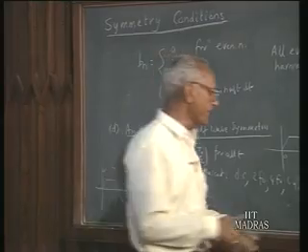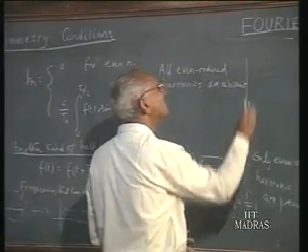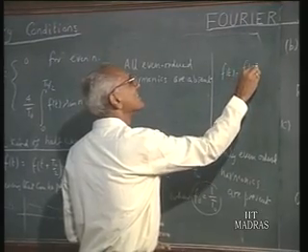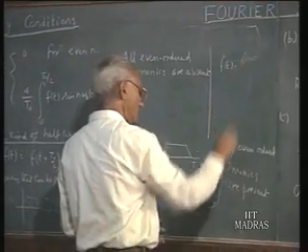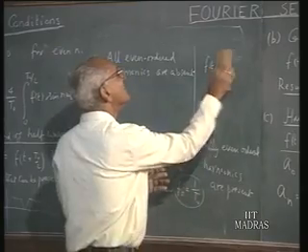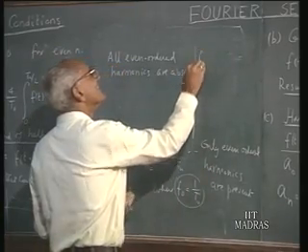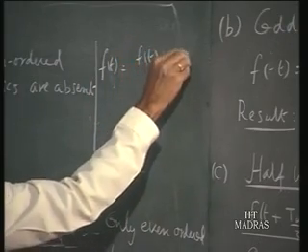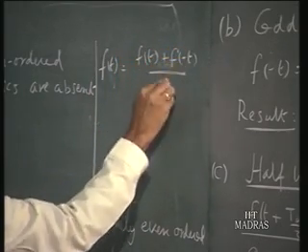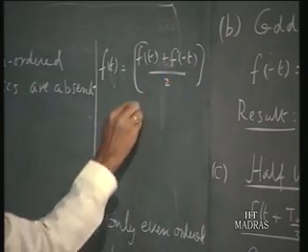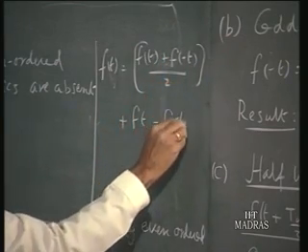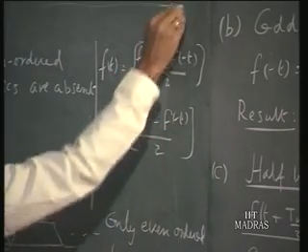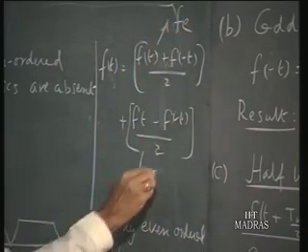So f of t can be written as f of t plus f of minus t upon 2 plus f of t minus f of minus t upon 2. So the first part is the even part, the second part is the odd part.